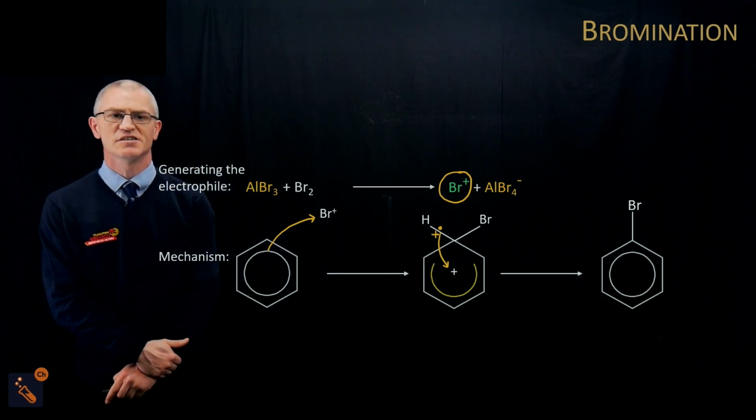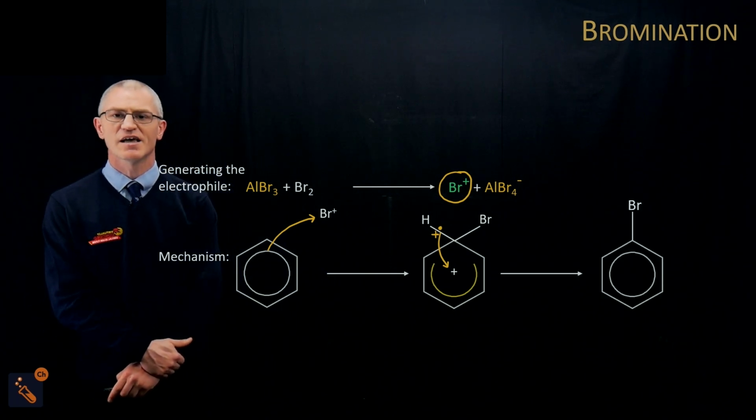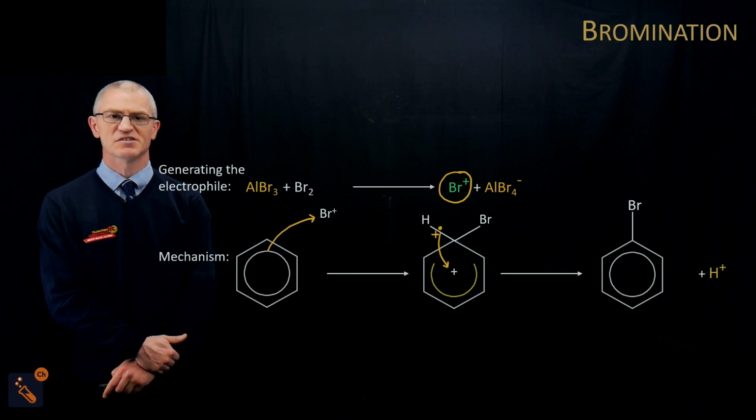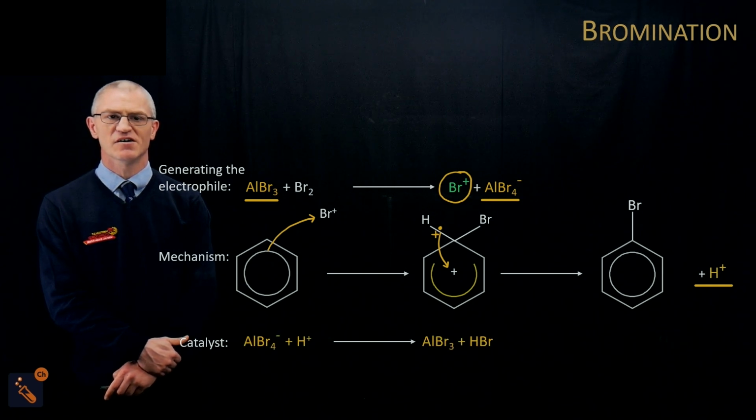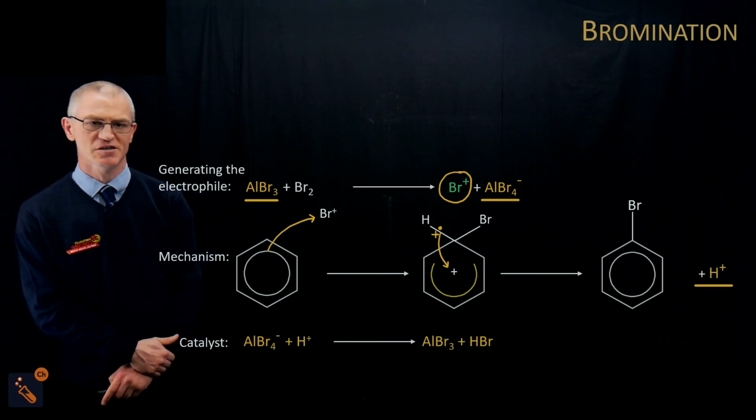That restores our delocalized ring, okay, and gives us our H+. The H+ is then going to react with our AlBr4-, okay, and then we will get our AlBr3 and HBr.